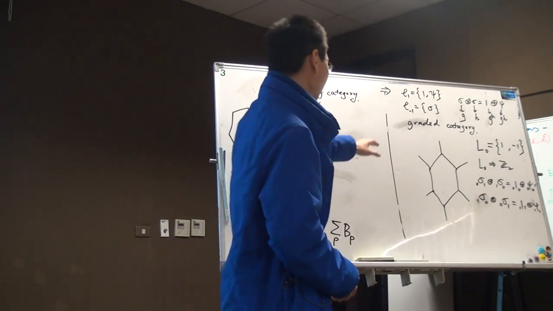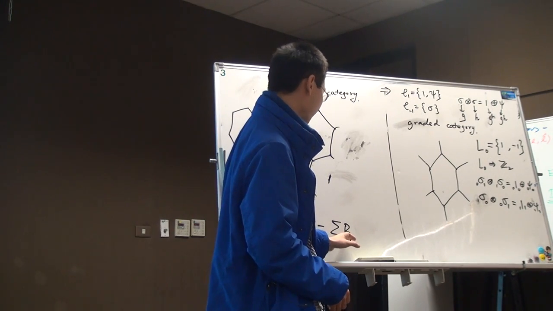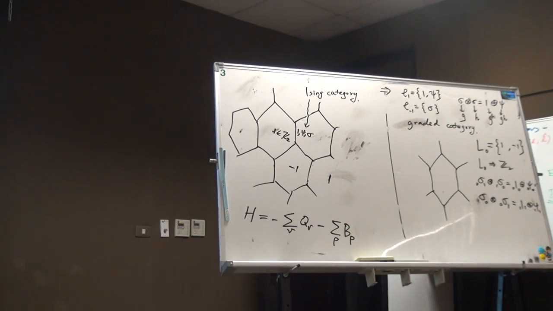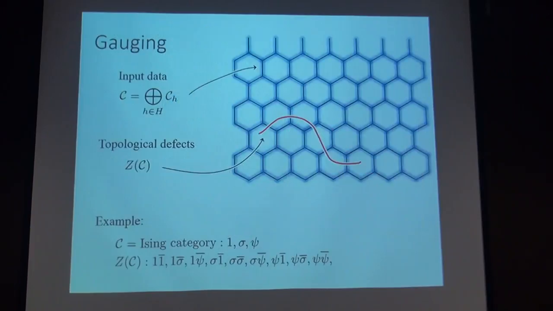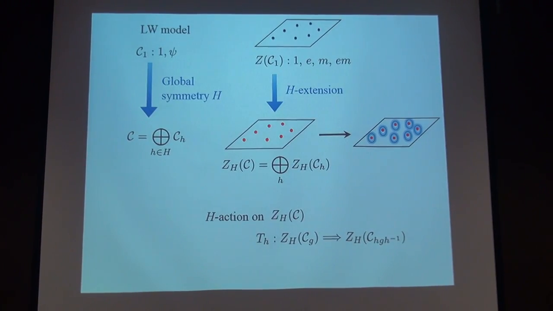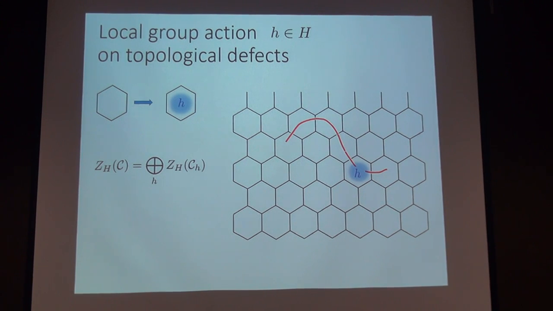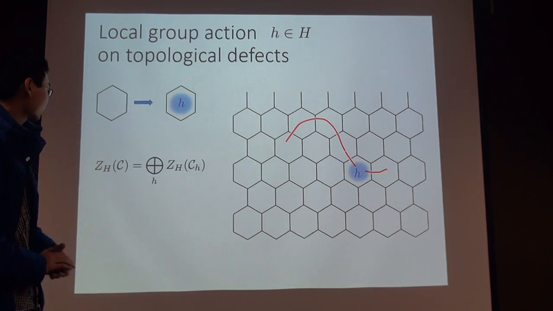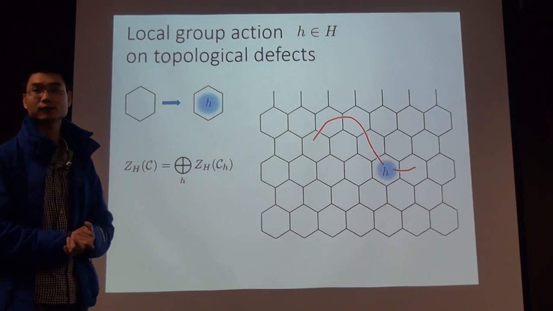So this sigma enters the local operator that will give us a local action on these quasi-particles. This local operator will act on these quasi-particles and it may shuffle them.